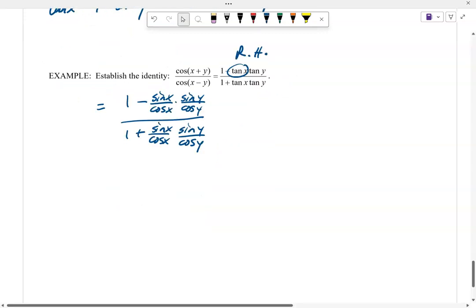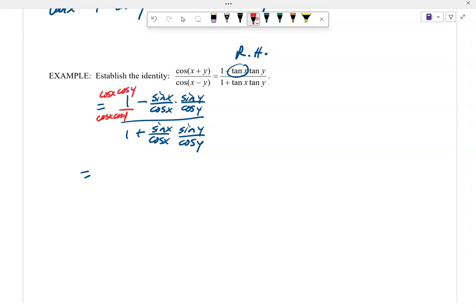Now what I'm going to do is get a common denominator. Right now it's 1 over 1, so I'm going to give it a cosine x, cosine y, top and bottom. Same thing down here. I'm going to give it cosine x, cosine y over cosine x, cosine y.